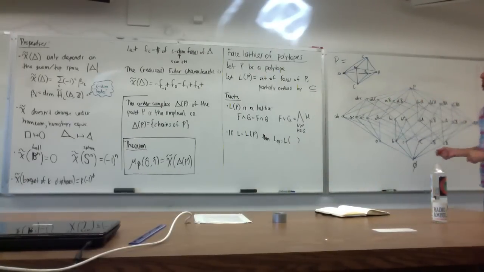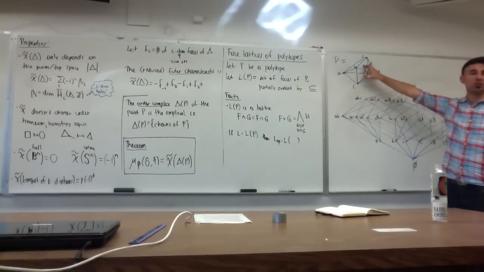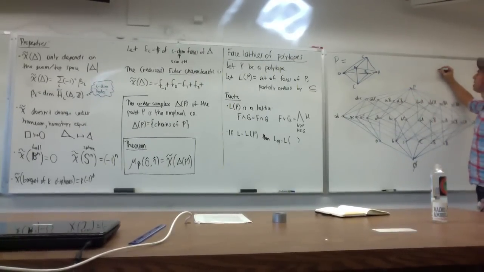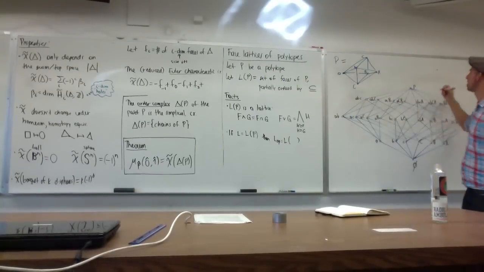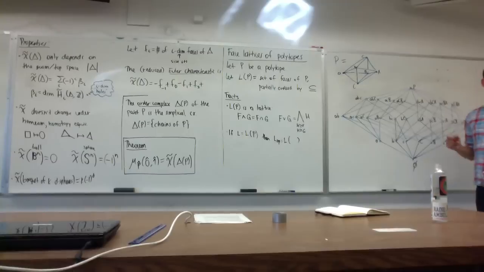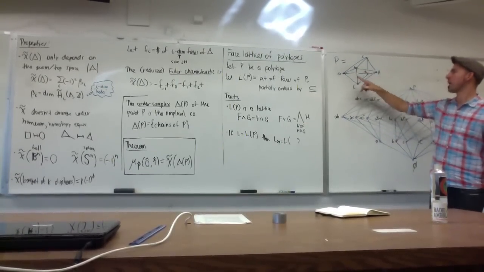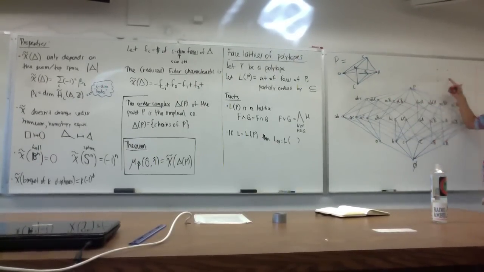So what do I want to do? I want to imagine that I put a vertex, let's say, in the center of each one of these faces. And so for example, here in the front, I have 4 vertices corresponding to capital A, B, C, A, B, capital C, and capital A, B, capital C. And I connect them.